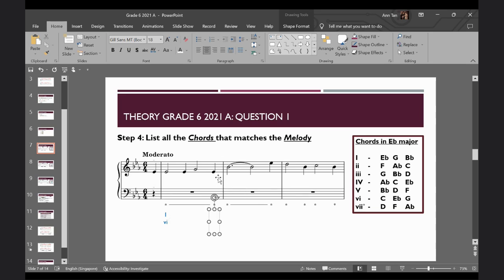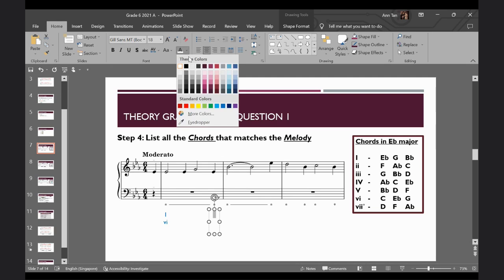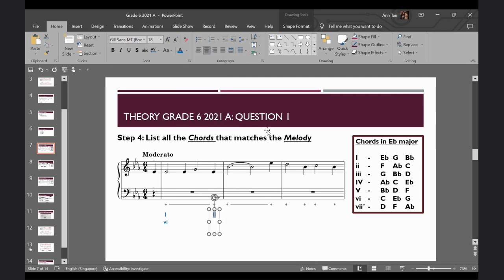And then for the next one, this melody is only an E flat. And so we can have chord 1, chord 4 could be possible since there's only one note, and also a chord 6.